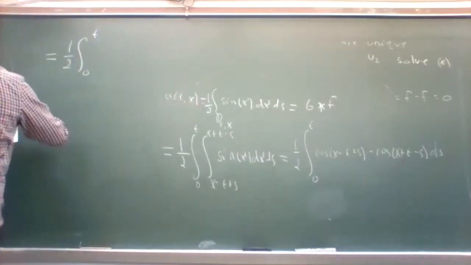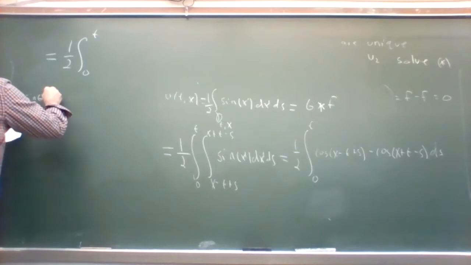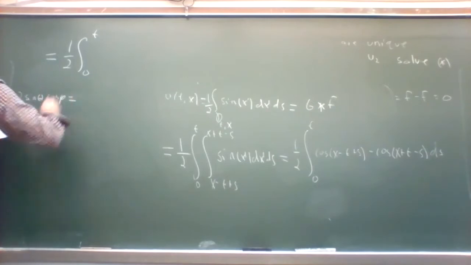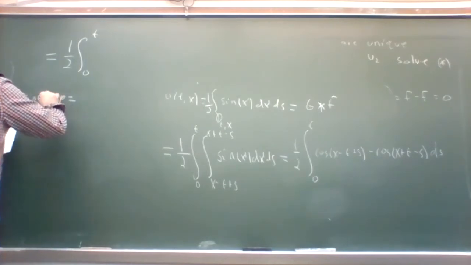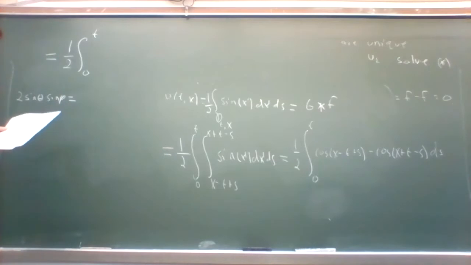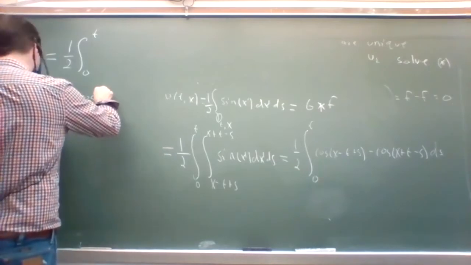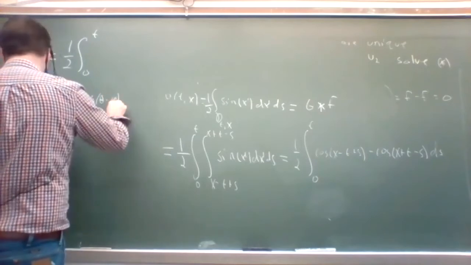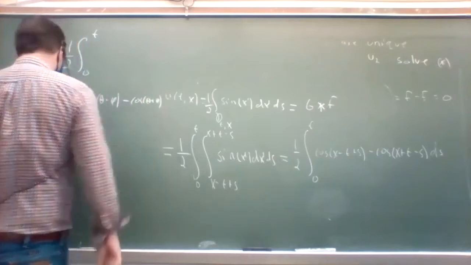So this is 2 sine theta sine phi. Excuse me, that's cosine of theta minus phi minus cosine of theta plus phi.